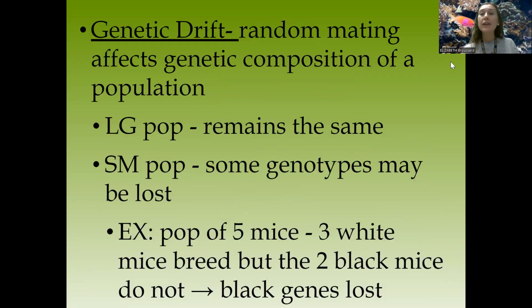All right. Another random way that evolution can occur is via genetic drift. Genetic drift, by definition, is random mating that affects genetic composition. Whenever I think about this, I think about it being the opposite of sexual selection. Sexual selection is whenever individuals are chosen to mate with based on some sort of physical characteristic.